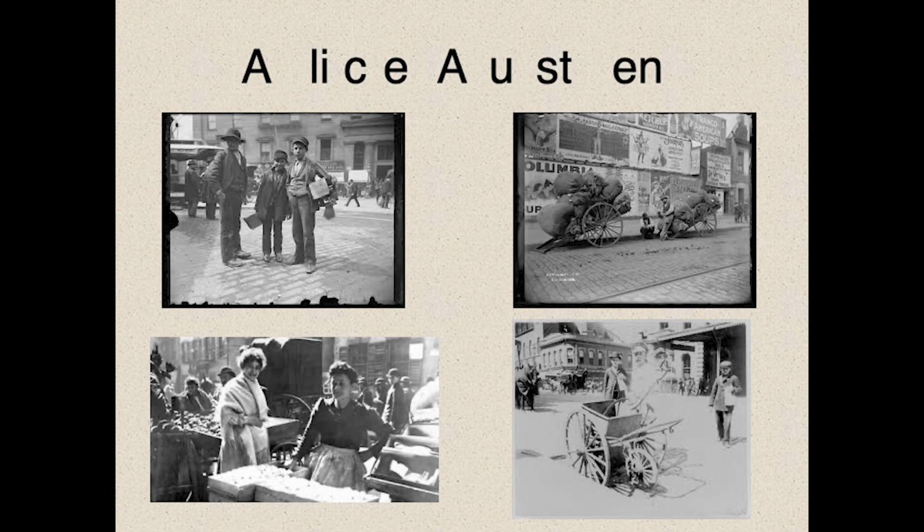So she took her camera there in the 1880s, and she photographed kids on the street selling goods, or somebody carrying their products in wagons. This woman on the lower left, she's selling eggs. So she's documenting working people and immigrants of varied ethnic backgrounds.